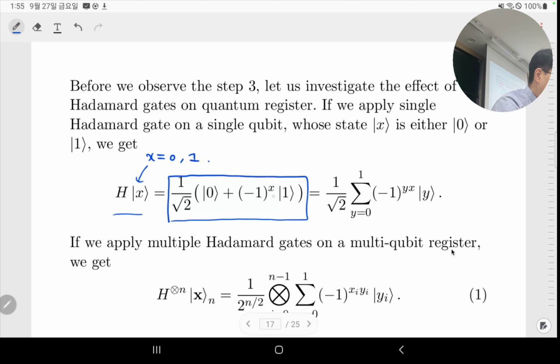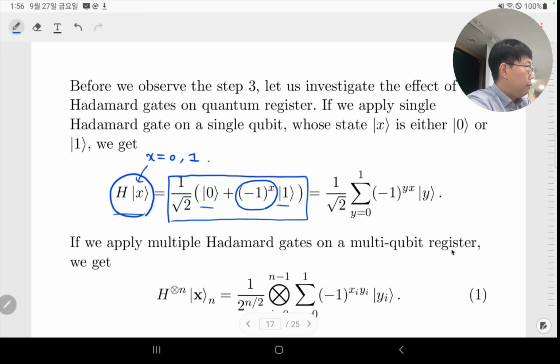When x is 0, it's ket 0 plus ket 1. But if x is 1, then you get ket 0 minus ket 1. So it only differs by this coefficient, actually the phase. We can determine this sign in terms of x with the formula minus 1 to the power of x. So that's your formula for the Hadamard on x, regardless of what x is.